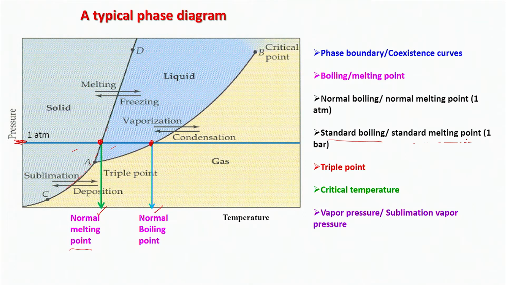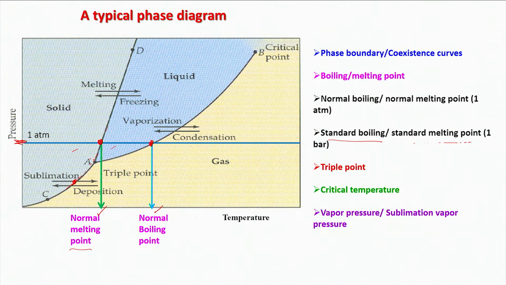Now, as you see, there is something very interesting over here. When I have the sublimation, then I am talking about a temperature like this, and therefore for the given phase diagram, the solid at 1 atmospheric pressure will never undergo any sublimation, and that is because the sublimation curve has gone up to this point A, and it does not exist at 1 atmospheric pressure.